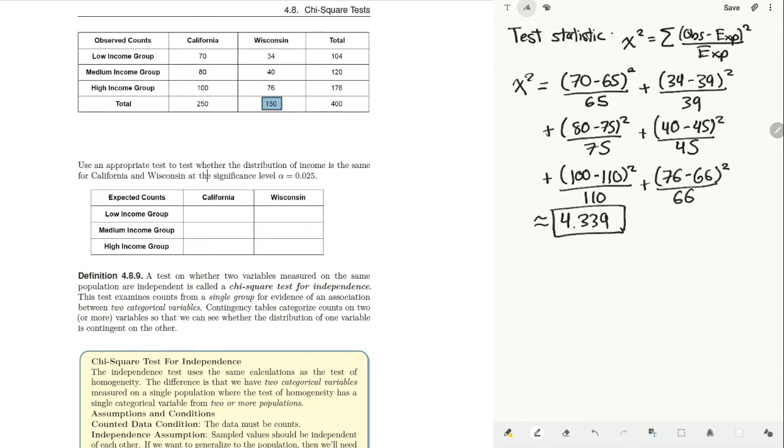Next, we need to determine the degrees of freedom for our sampling distribution model. And for the chi-squared test of homogeneity, we take the number of rows, subtract 1, multiply by the number of columns, subtract 1.